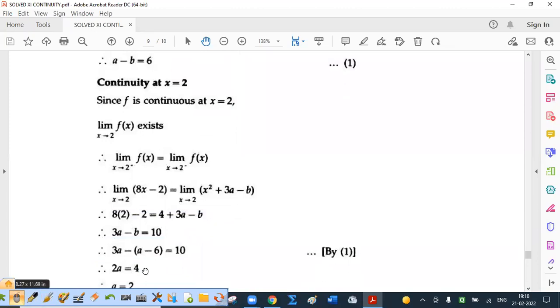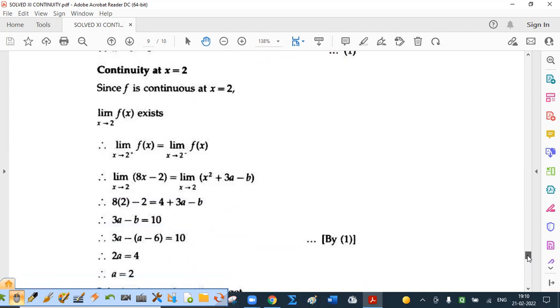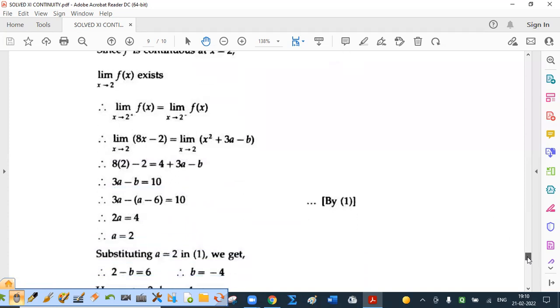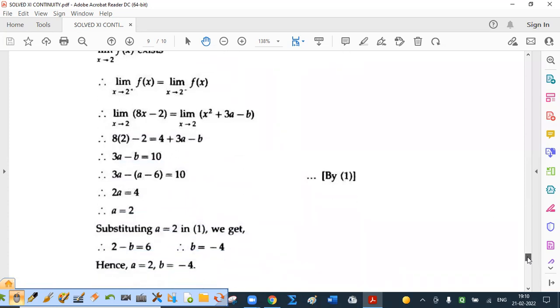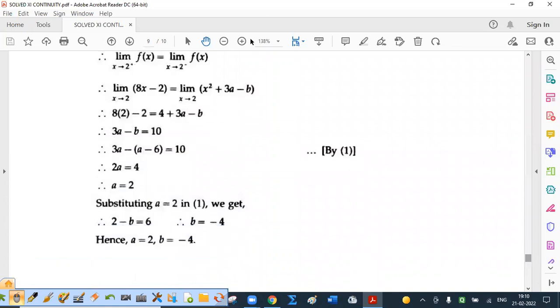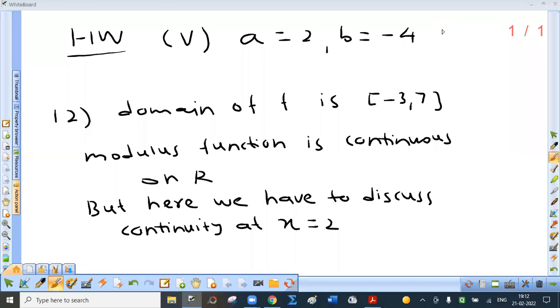So we get the value of a directly in this case. a comes out to be 2. So put a equal to 2 in equation 1. We get b equal to minus 4. The fifth one is for homework. a is 2 and b is minus 4.